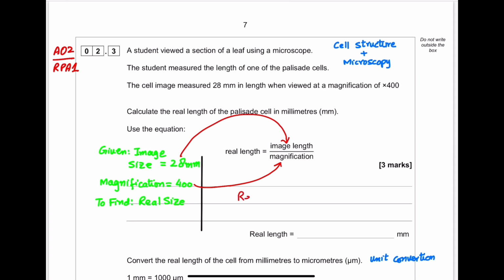Therefore, the real length is 28 over 400, and that is 0.07 millimeters.